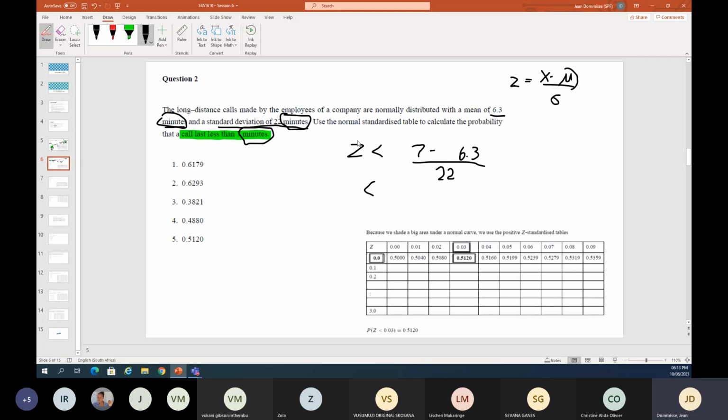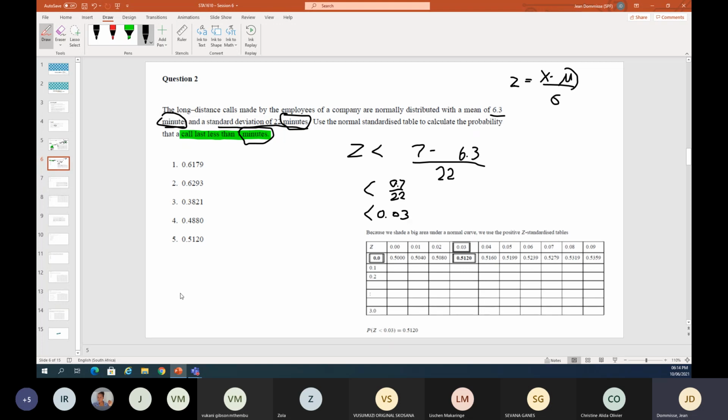Okay, so then basically it is 7 minus 6.3, which gives us 0.7, divided by 22. So 0.7 divided by 22 is, rounded off, 0.03.